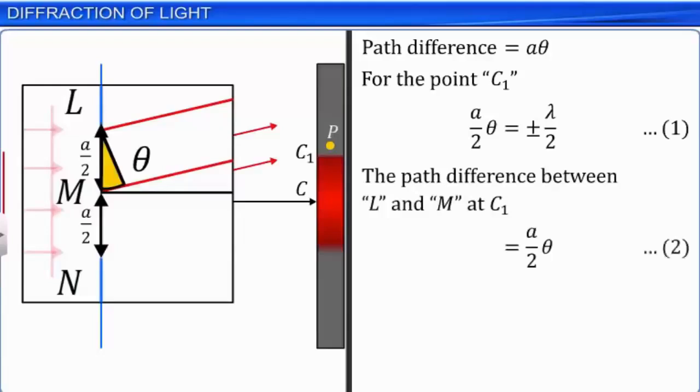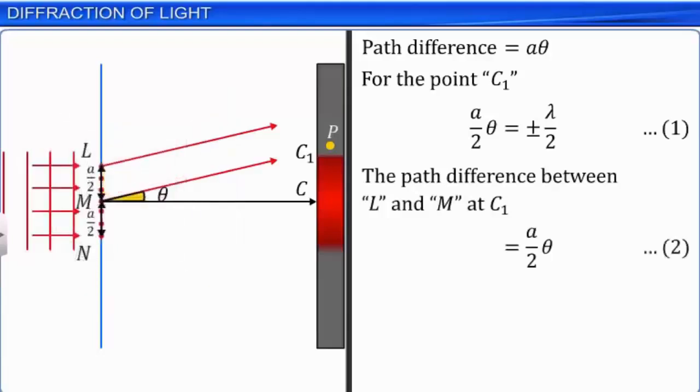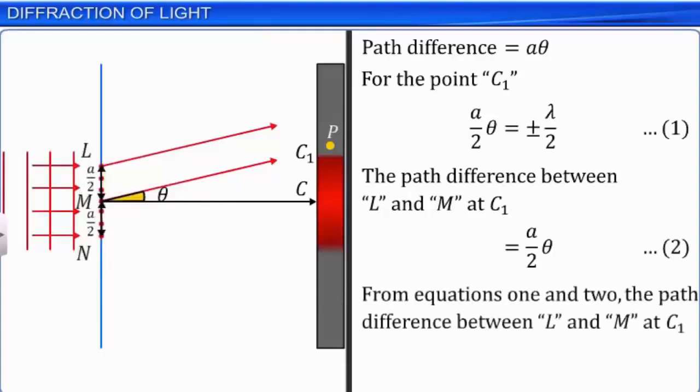From equations 1 and 2, we can conclude that the path difference between L and M at C1 is 1/2 of the wavelength of the incident light. Hence, the waves from L and M are out of phase and interfere destructively at C1.